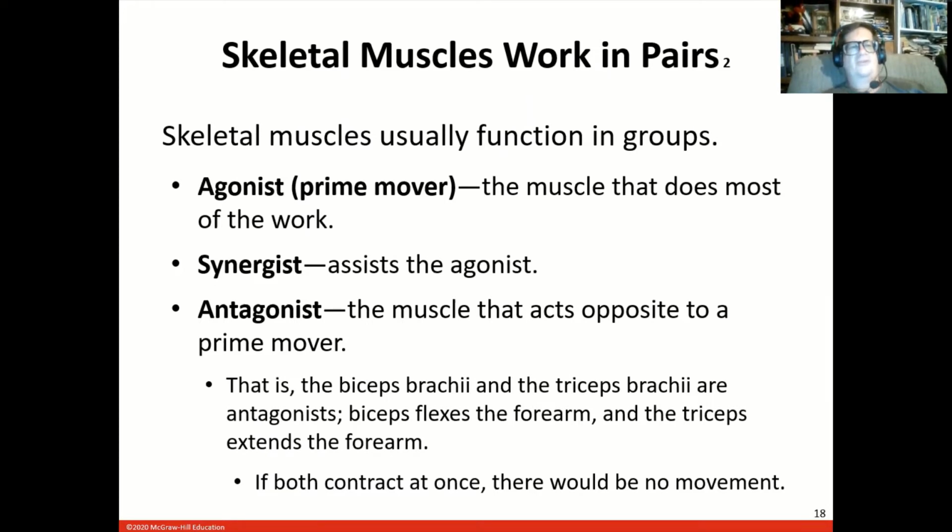But the brachialis is not nearly as strong, generally. I actually know someone who was a professional athlete, and they tore their biceps. Remember, biceps has two heads. The tendon on one of those heads popped off, at the insertion, it came off.